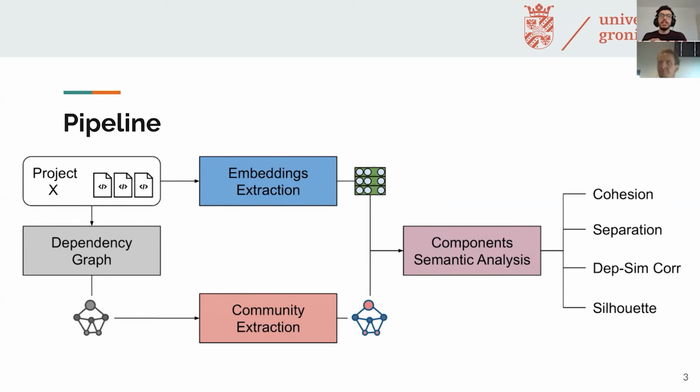So overall, we are trying to understand how semantically cohesive and separated the extracted communities are. If you want to have a better understanding of the metrics, you can refer to the paper.